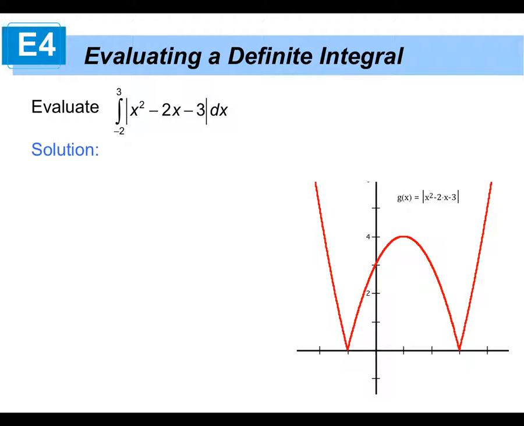I've got this. Okay, I broke it into a couple different parts here. I started going from -2 to -1, and then I went from -1 to 3. Okay. Why would I do that?